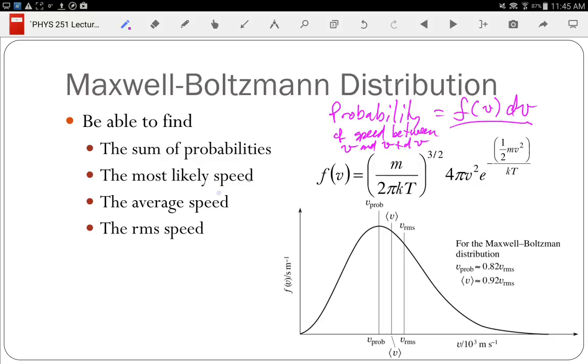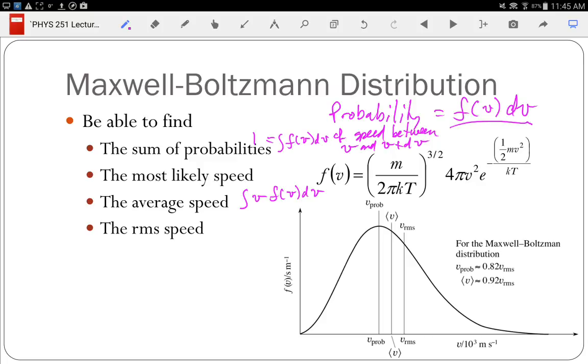Integrate. So to find the average speed, we did the integral of v f of v dv. The sum of probabilities was the integral of f of v dv, and that had to be 1.